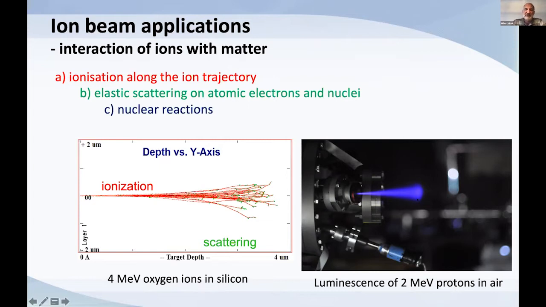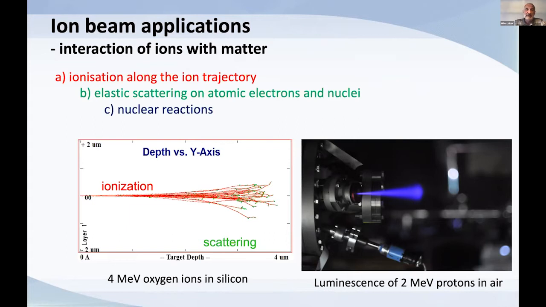This shape is the basis of ion implantation, because you implant ions at a certain depth, and also you probably heard about hadron therapy. This is the basis of hadron therapy, because this last part of the ion trajectory makes most of the damage in the material. So it is also very suitable for treating tumors in a human body.